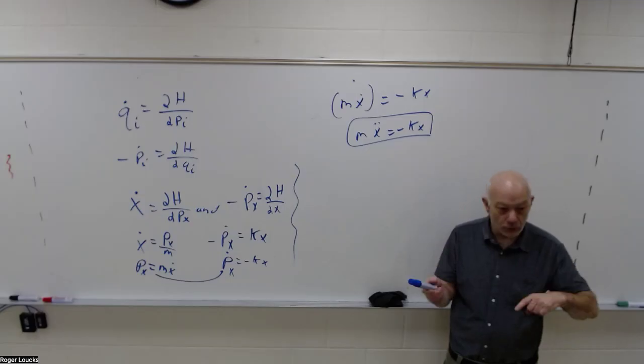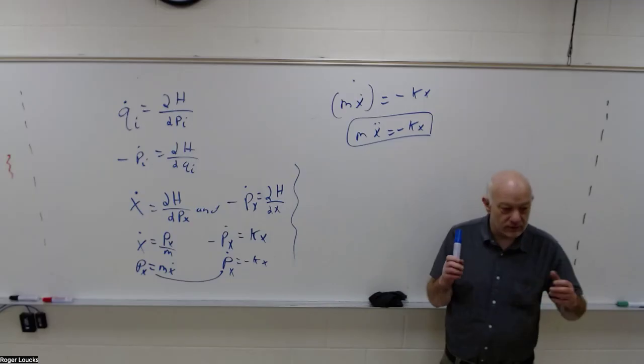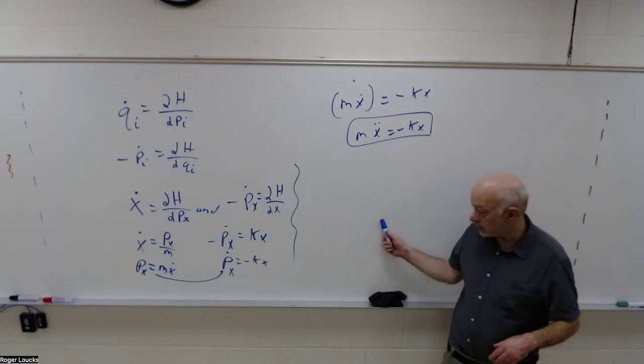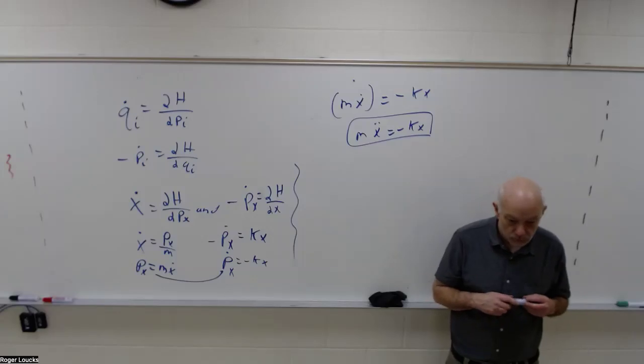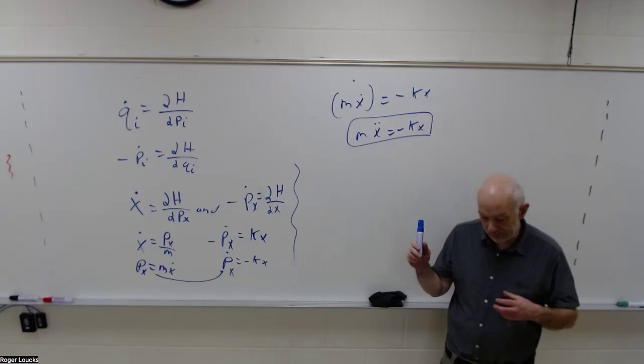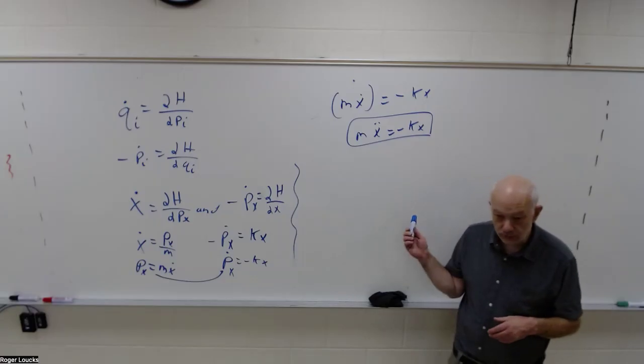They become operators that act on a wave function. So your px and your x all become operators, and then they act on a wave function. But your first step is writing the classical expression. So from a practical point of view, it's indispensable. You can't do quantum mechanics without this.